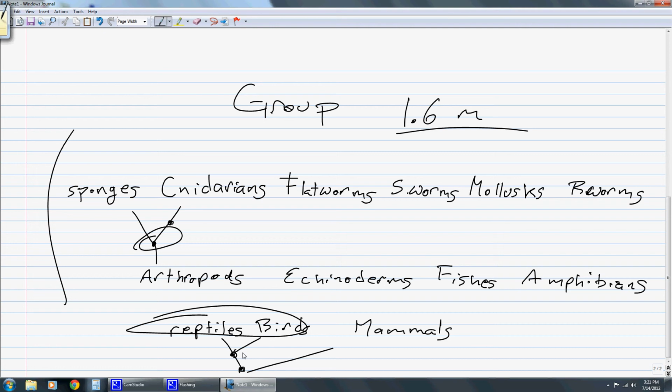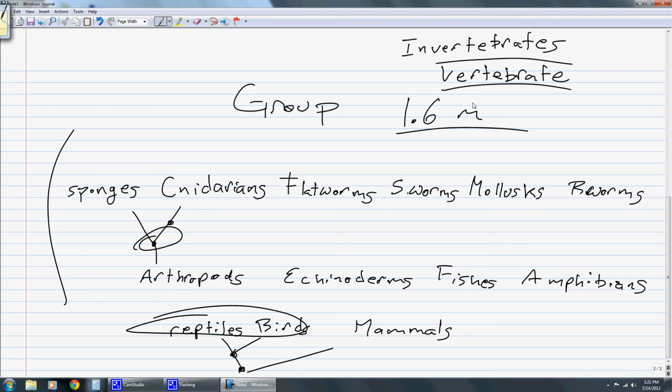Now another thing that's important to see is you have something in here called the vertebrates and the invertebrates. So we have the invertebrates and the vertebrates. And this is just simply talking about your backbone, the part of the bone that protects your spinal cord, and in means no backbone.